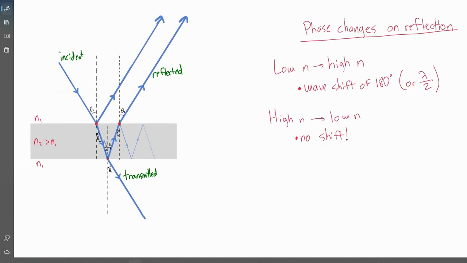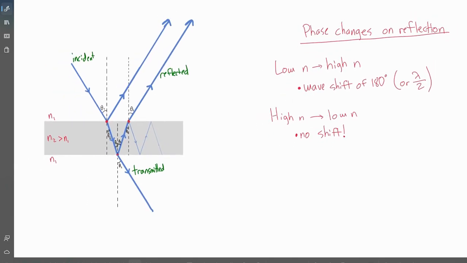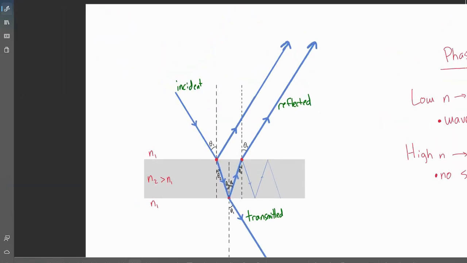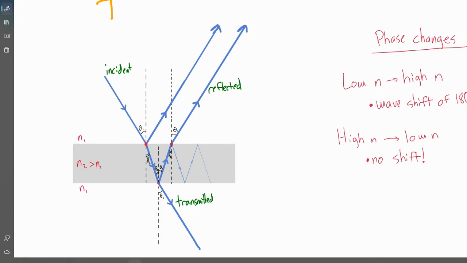Okay, got one other thing. This kind of goes back to our interference that we did before, but you had to know how to do refraction for this. So this is something called thin film interference.